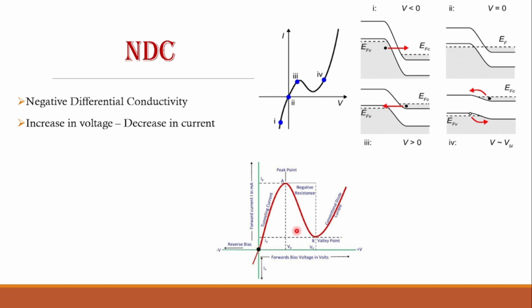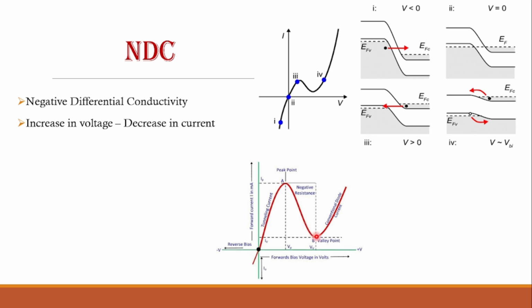And in forward biasing condition, we have the first quadrant where initially there is a tunneling current, then empty states are becoming less, due to which after reaching the peak value, peak of current corresponding to certain voltage, we observe a decrease in current because of decrease in tunneling effect.